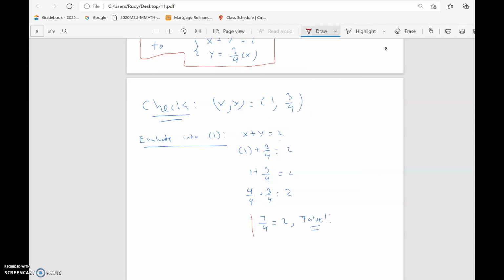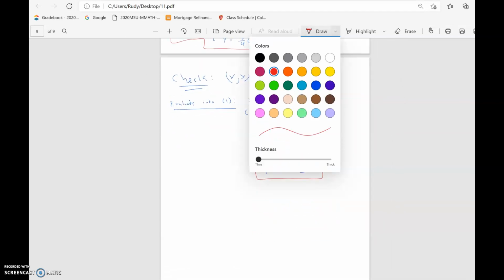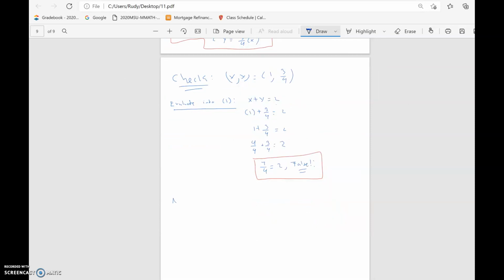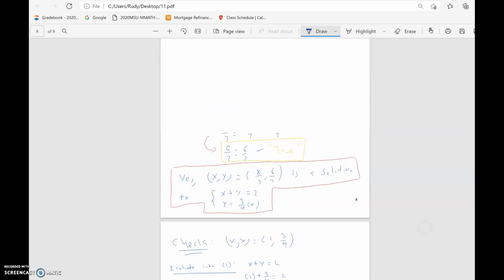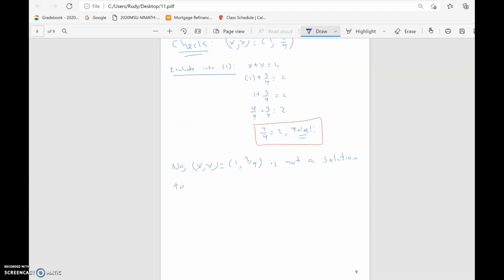So because of this statement, we can conclude that no, that coordinate point is not a solution. So let me write it as no, x and y, which is 1 and 3/4, is not a solution to our system, x plus y is equal to 2 and y is equal to 3/4 of x.